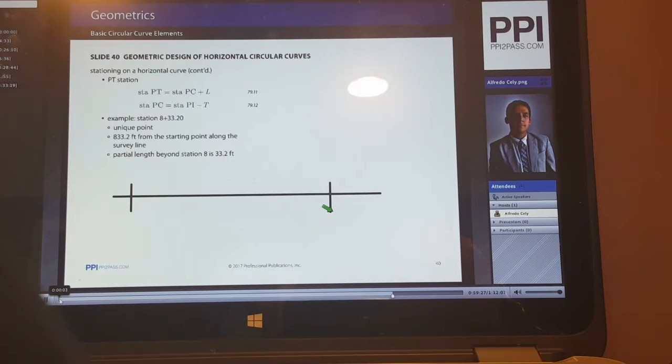Another way to use stationing is to simplify labeling of calling out features on a roadway segment. I'll show you a quick example here. We have station 8 plus 00, which is shown here, and station 9 plus 00, which is shown here.